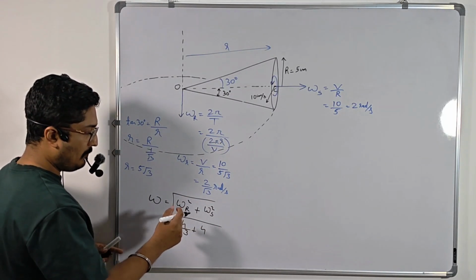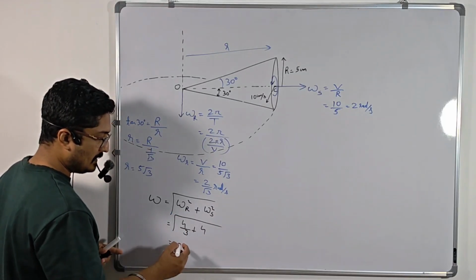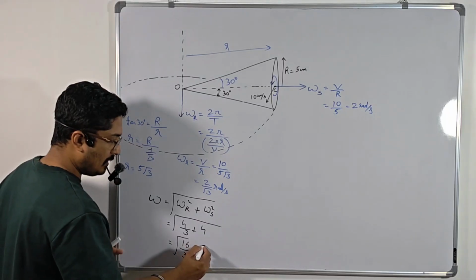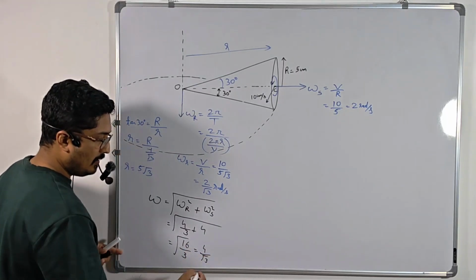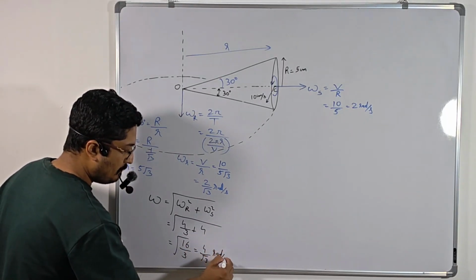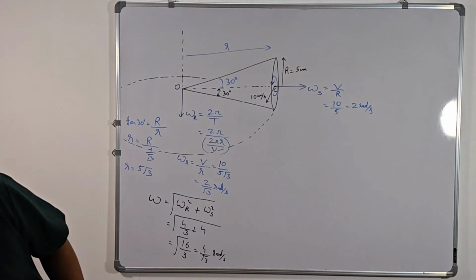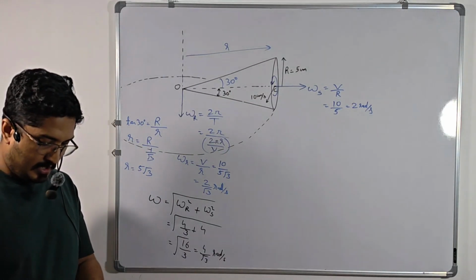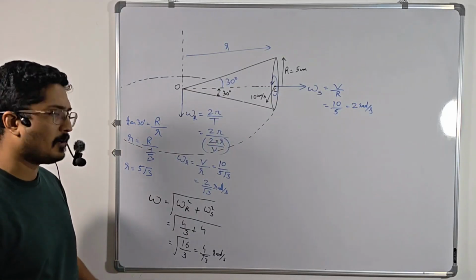Right? So this will give me 12 plus 4, that is 16 by 3 under root. So that will be 4 by root 3 radians per second. And this 4 by root 3 radians per second, we can keep it as it is, no need of solving it further.